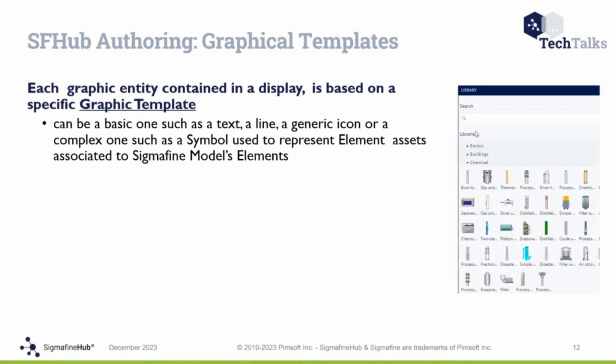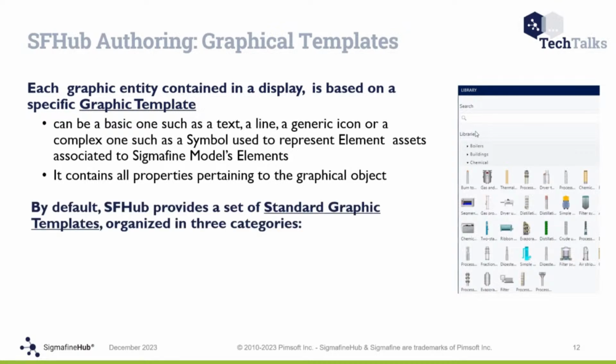You have simple icons like lines, text, very basic stuff, that are part of that standard library. It does contain a very impressive series of process or mechanical objects, valves, pumps, stuff like that. Very similar to what you have in PI ProcessBook.